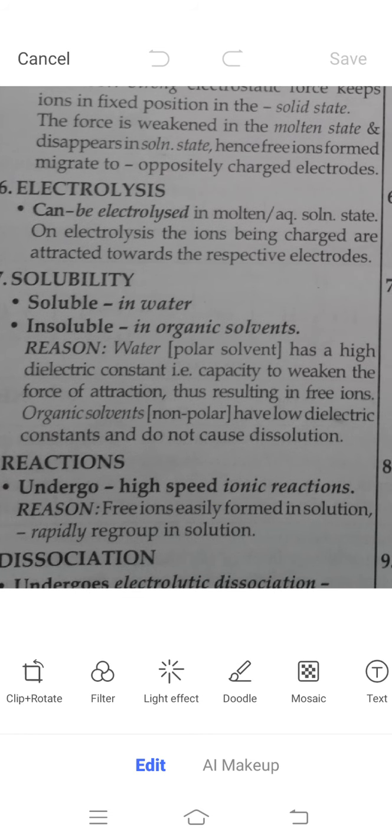Then you see the solubility of ionic compounds. They are soluble in water and insoluble in organic solvents. Soluble in water means they are soluble in a polar solvent, and water is a polar covalent compound because it carries a charge on it. Yes or no? Similarly, NaCl has a charge on it, so like dissolves like. This part I have already explained to you.